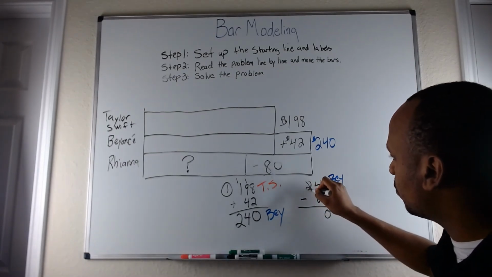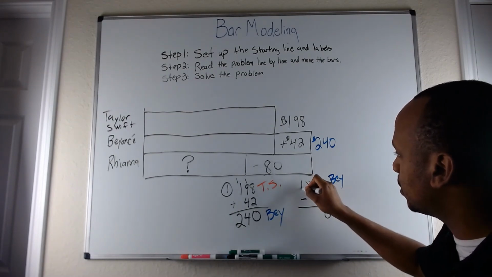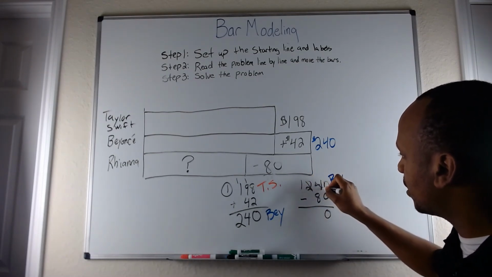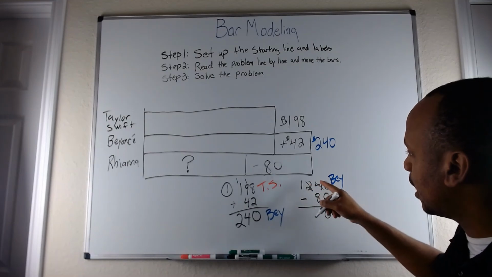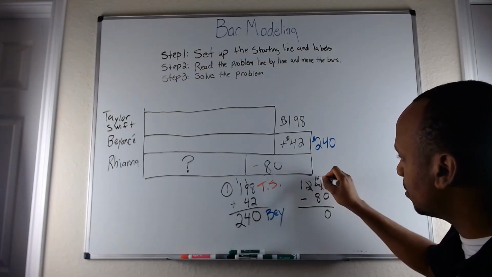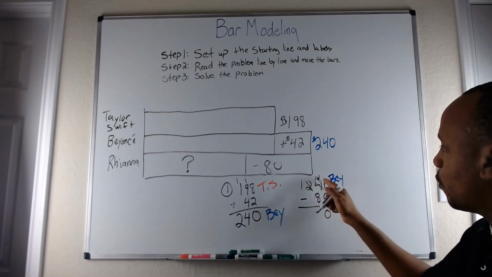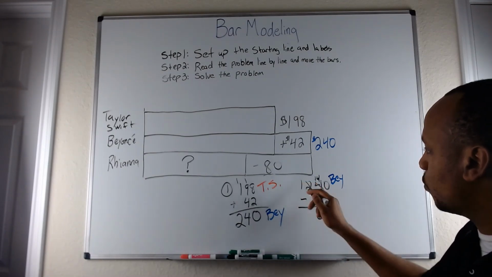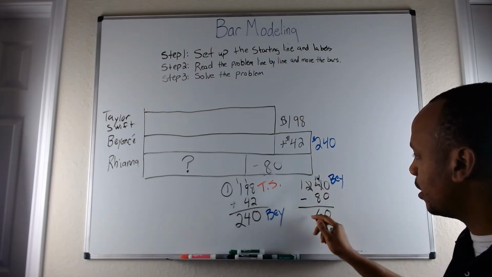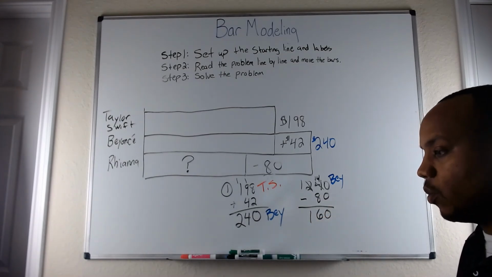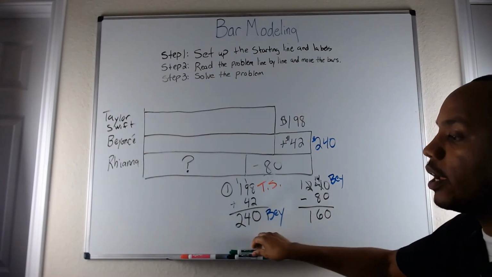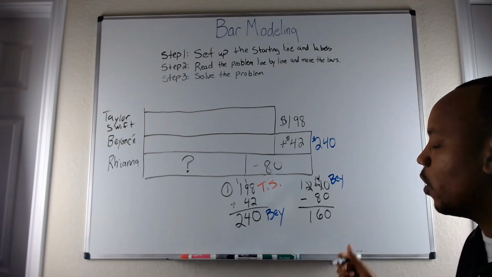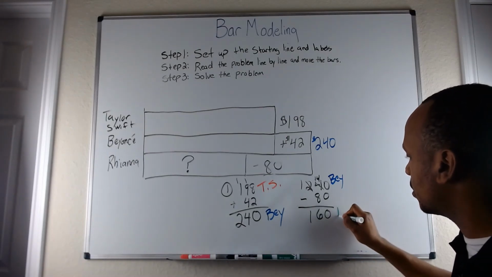So I borrow from the hundreds place. This becomes a 1. And I break that into 10 and add it to the 4 I got. So that becomes 14. 14 minus 8 is 6. 1 minus nothing right here is 1. What this tells me is that Rihanna's tickets are $160.